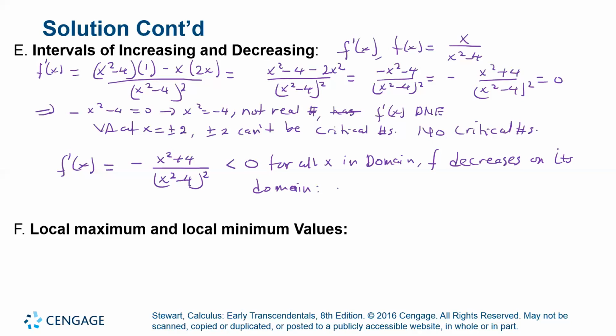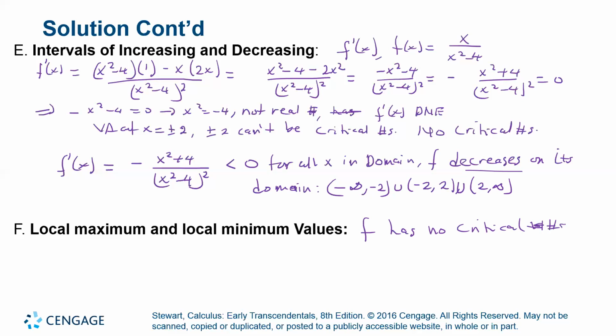Now, if it decreases on its domain, it means that it decreases on the intervals from minus infinity to minus 2, union -2 to 2, and then union 2 to positive infinity. So it decreases on its domain. Then what about local maximum, local minimum? f has no critical numbers.